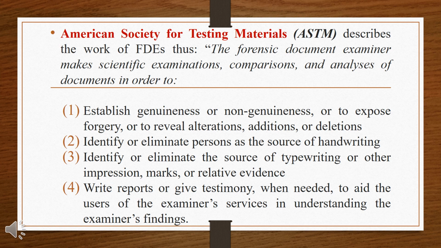Identify or eliminate persons as the source of handwriting. 3. Identify or eliminate the source of typewriting or other impressions, marks, or related evidence. And 4. Write reports or give testimony, when needed, to aid the users of the examiner's services in understanding the examiner's findings.